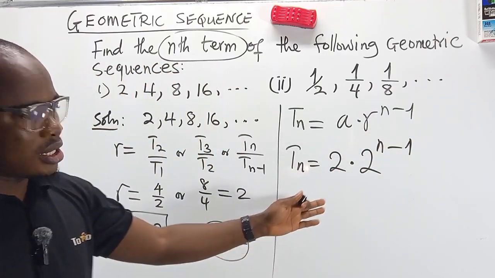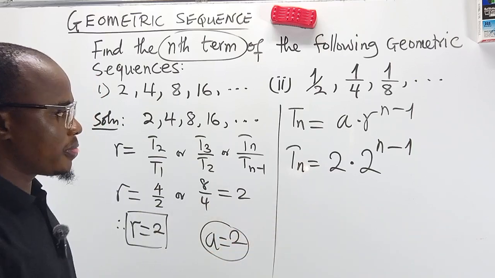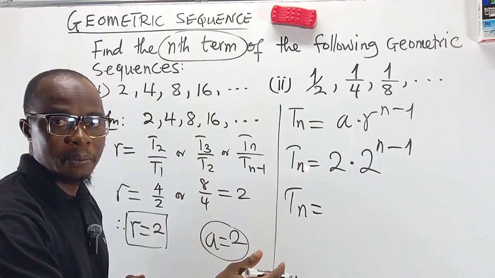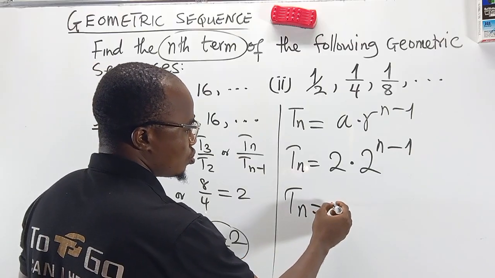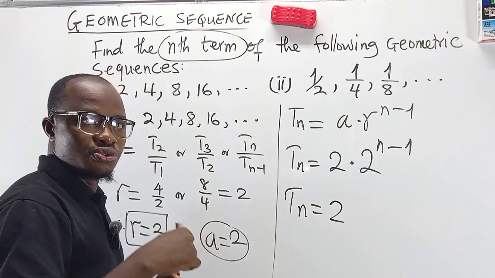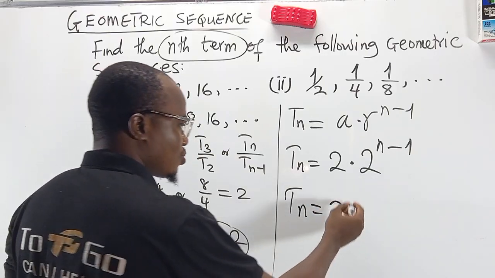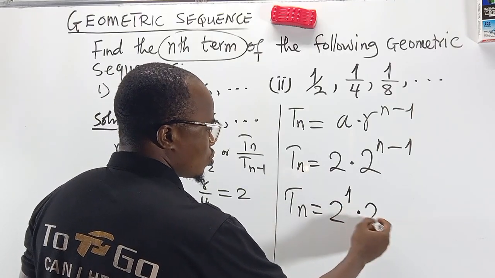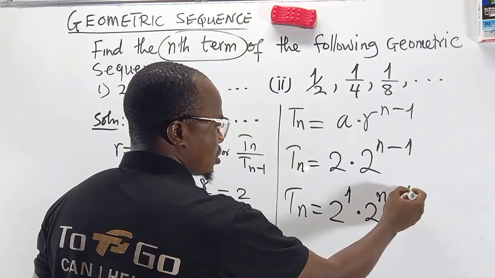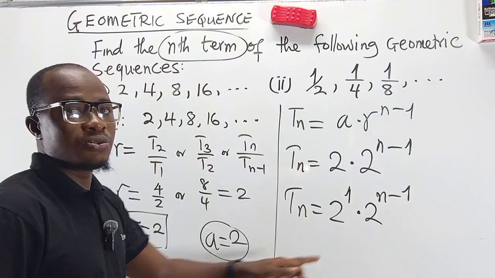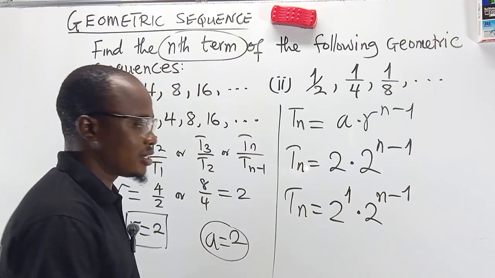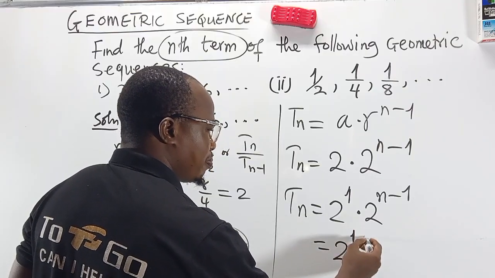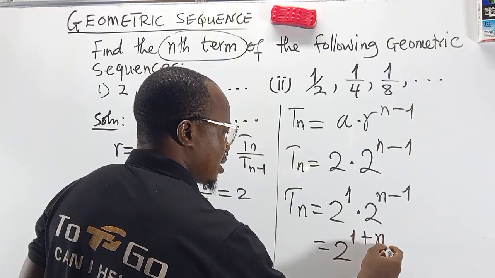All right, the next thing we are going to do is to simplify this right hand side further. Ordinarily 2 is the same thing as 2 to the power of 1, so we can write it like this, 2 to the power of 1, multiplying 2 to the power of n minus 1. From here, we apply the law of indices, so that we are going to have 2 to the power of 1 plus n minus 1.